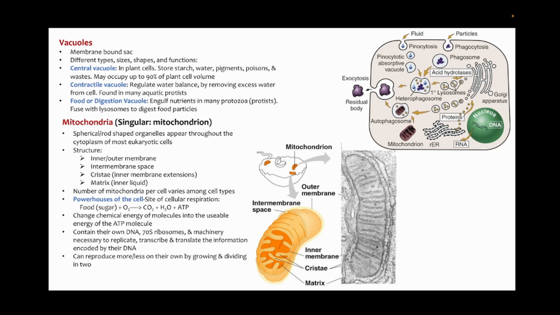So this is to dispose of waste, this is for drinking, and this is for phagocytosis. So this diagram shows the summary of the different components.